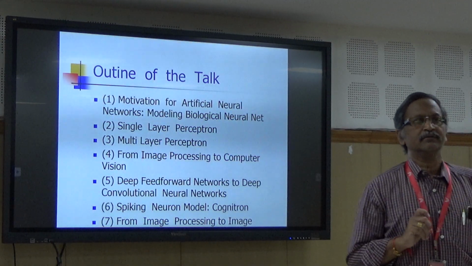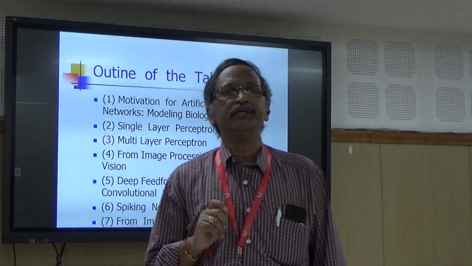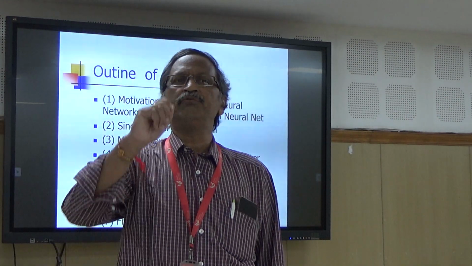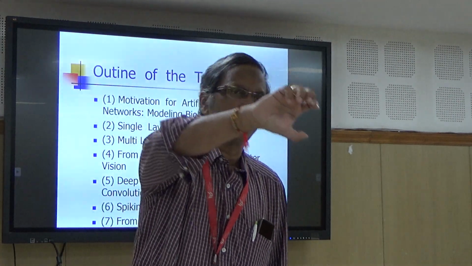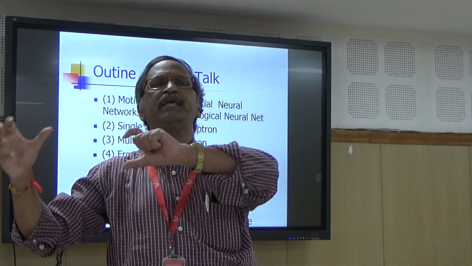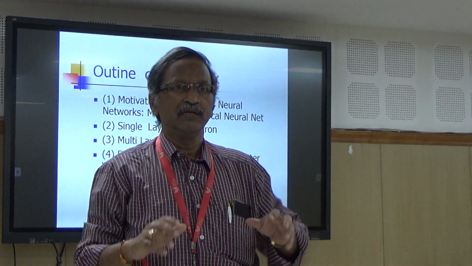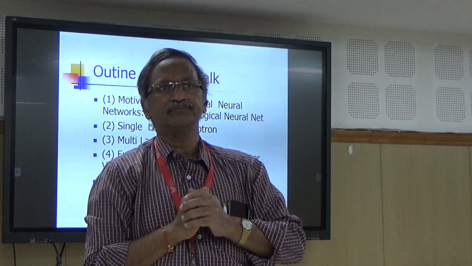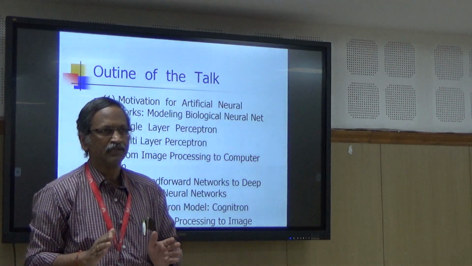Remember one thing, there is originality in every one of your acts. Wherever there is human vision involved, can we replace it by machines, by cameras, by some other sensors? Like, for instance, you take an autonomous vehicle.